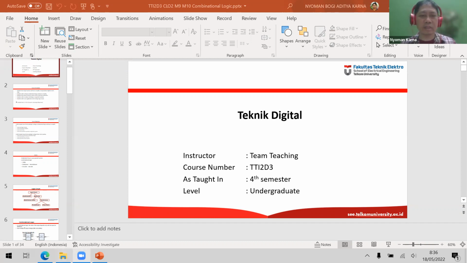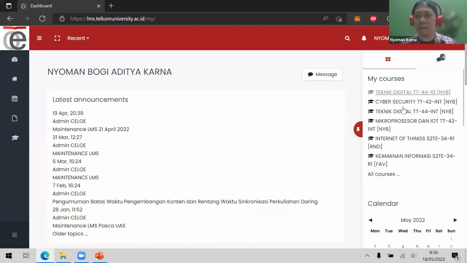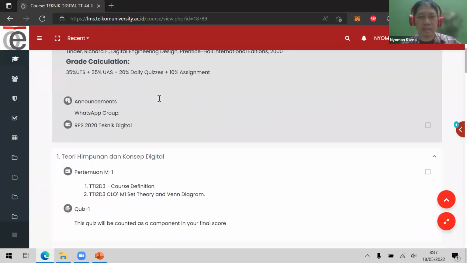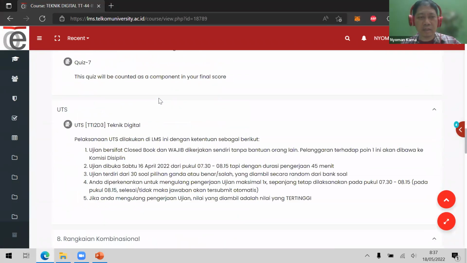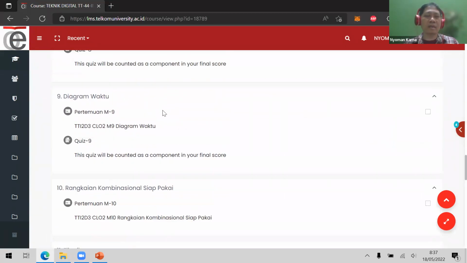Today we're going to discuss about timing diagram. So I believe we already reached our 9th class. A timing diagram will explain about how circuit behave in terms of time.